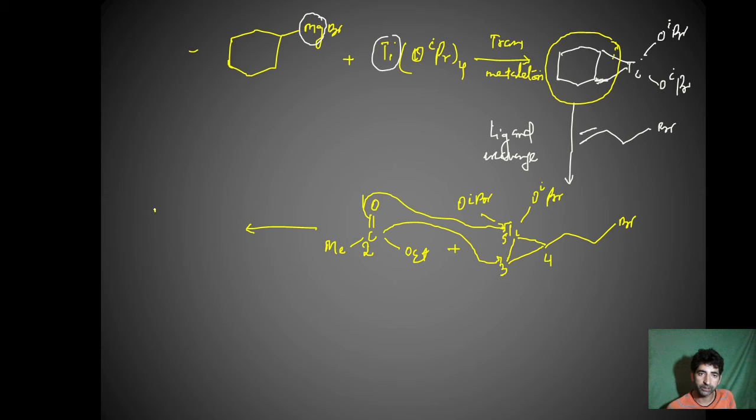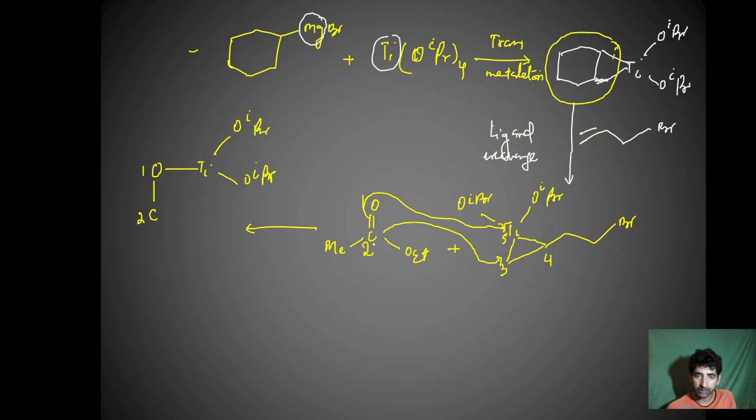So what do we actually get? This is carbon 2. With this carbon 2 we have O attached and this oxygen gets attached to titanium. To this titanium we have two isopropoxide groups. So we have OiPr and again we have OiPr. Now this is atom 1, this is atom 2.